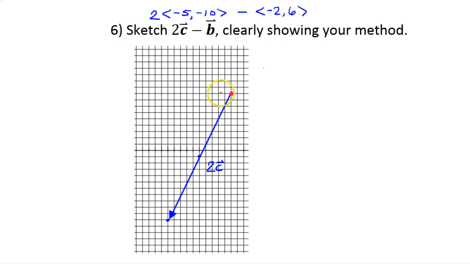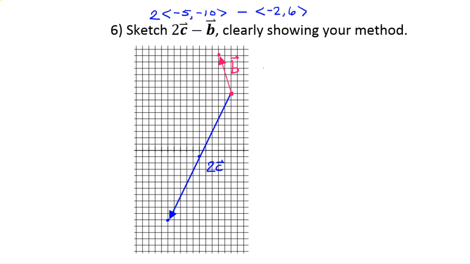So I'm just going to count over left 2 and up 2, 4, 6. So this will be my terminal point of vector b. Alright, so I'll just go ahead and draw vector b like this and make it red. Alright, so this is vector b.